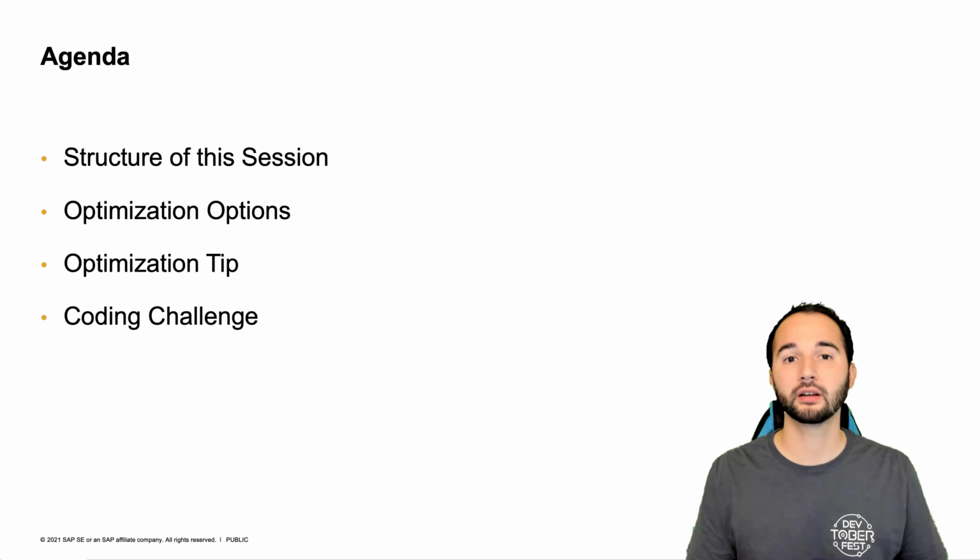Followed by that, I'll give you an optimization tip, how you can basically approach an application with a not so good performance and make it better based on the options that you've previously learned about. And last but not least, I want to introduce you to this week's coding challenge, where you can apply everything that you learned directly to earn points for the contest.